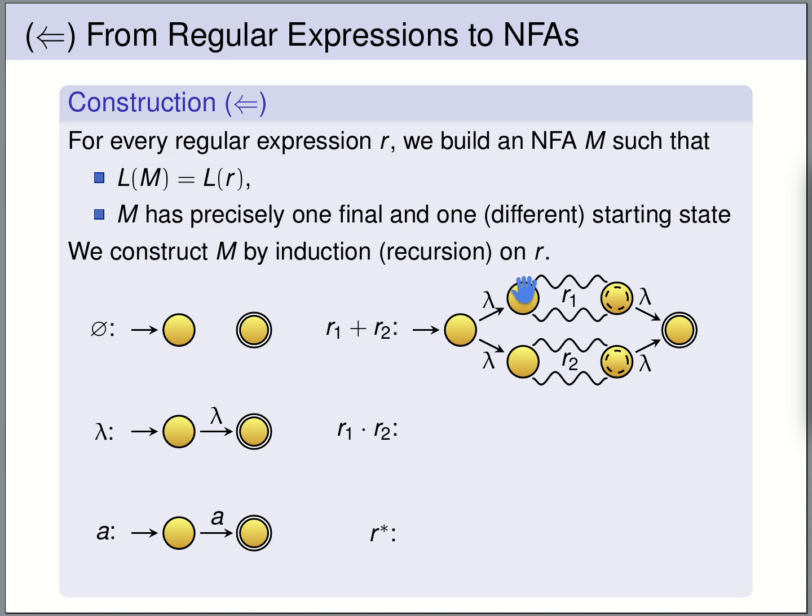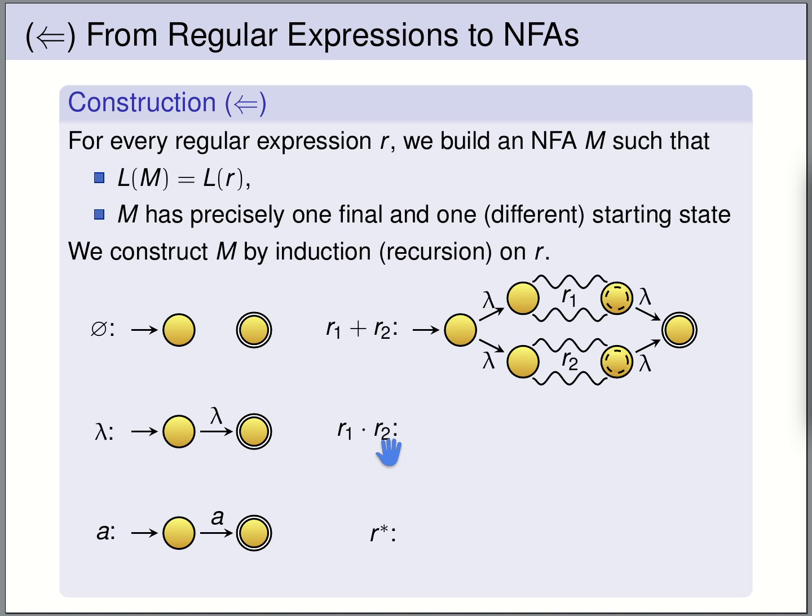So that means any word of R1 can be accepted in the new automaton, and likewise any word of R2 can be accepted in our new automaton. So it's not difficult to see that this automaton indeed accepts the union of the languages of these two subautomata for R1 and R2.